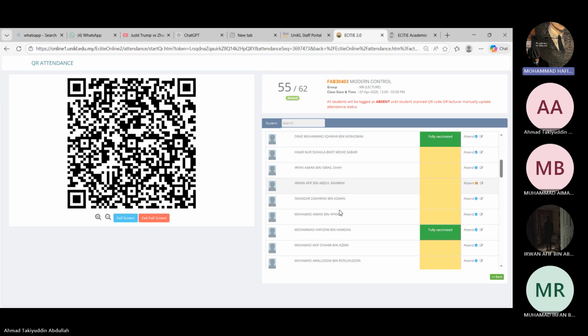Sir, nanti quiz tu macam mana? Hari Khamis kena guna laptop lah, sir. Kena bawa laptop. Bawa laptop dulu dan saya akan tengok semua orang ada laptop ke tak. Kalau laptop ada tapi tak boleh buka VLE pun tak guna juga, saya akan ubah soalan.